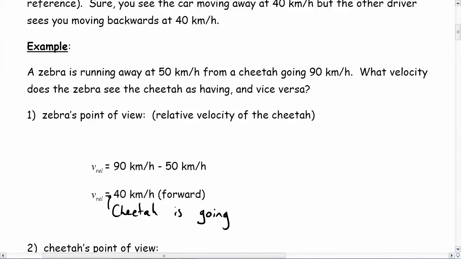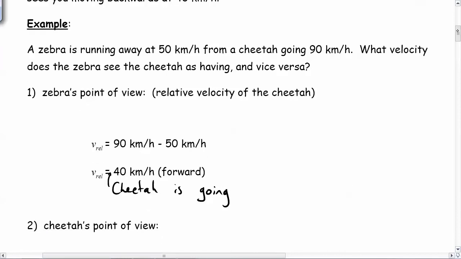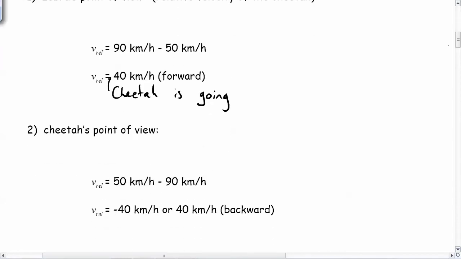Now from the cheetah's point of view, he's passing the zebra, so it looks like the zebra is moving backwards. From his perspective, the zebra is going backwards at 40 kilometers an hour. So the zebra is moving 40 kilometers per hour backwards. And in physics, we can show the backwards by putting a negative sign.